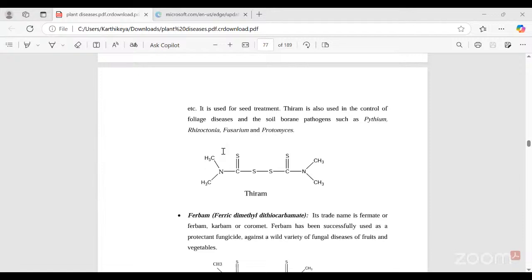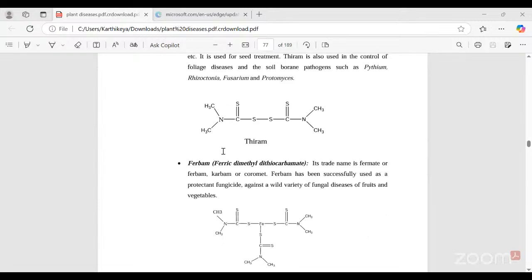It is used for seed treatment and also in the control of foliage diseases and soil-borne pathogens such as Pythium, Rhizoctonia, Fusarium, and Phytophthora.